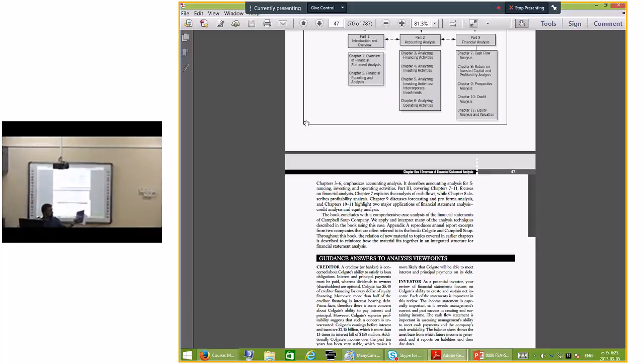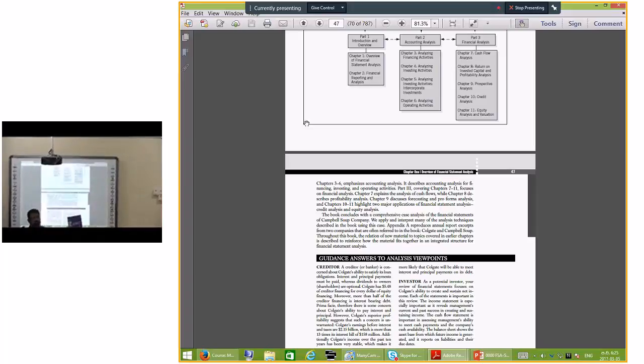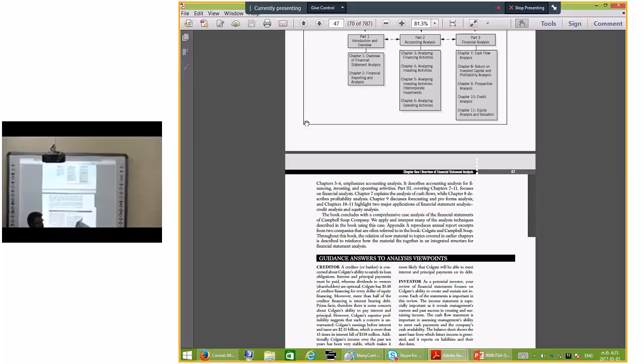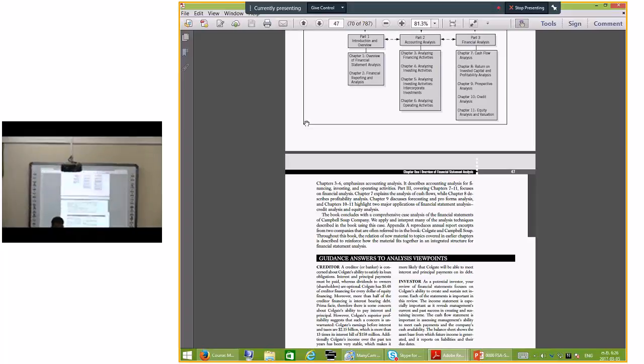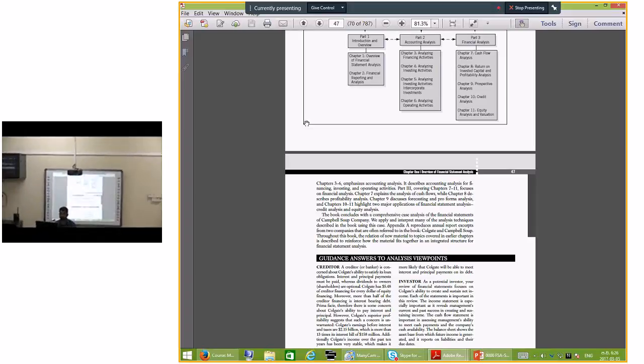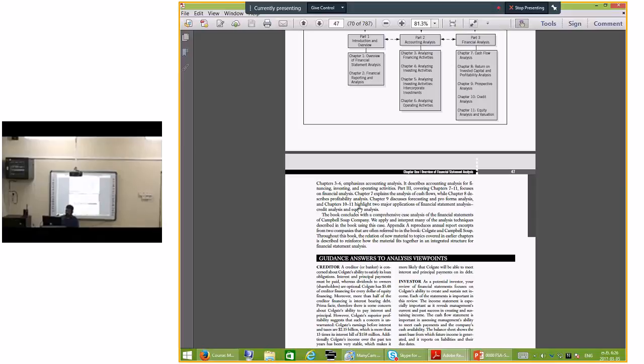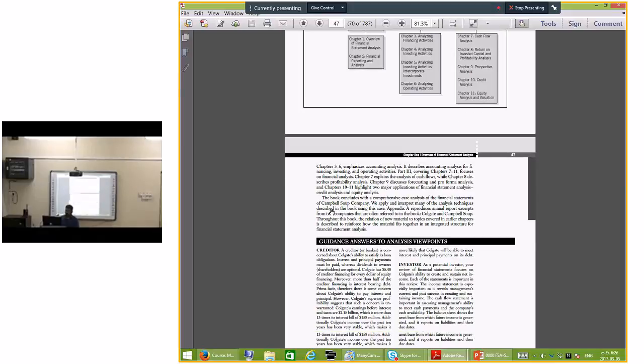This is Financial Statement Analysis and Security Valuation by Stephen Penman. This is also a good book. You can refer to this book. This also has very good content on this course unit. This is Financial Statement Analysis and Business Valuation.